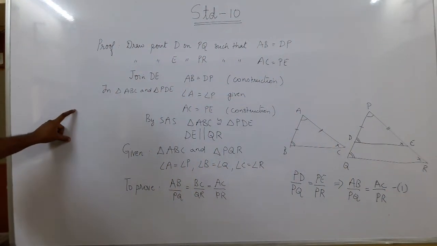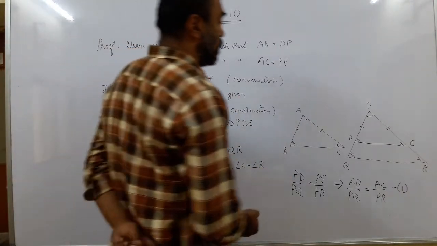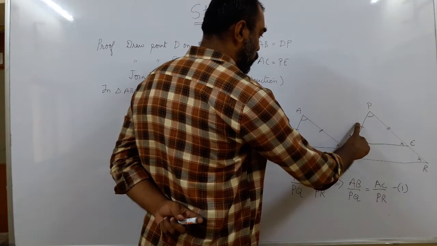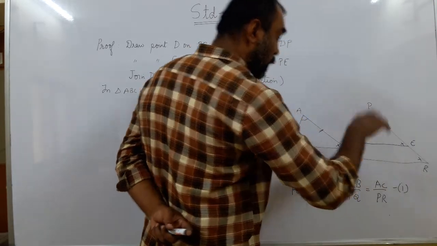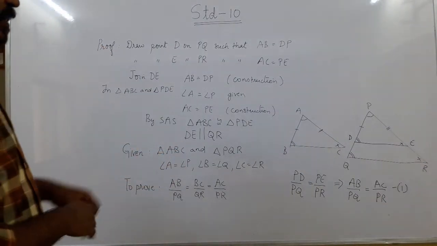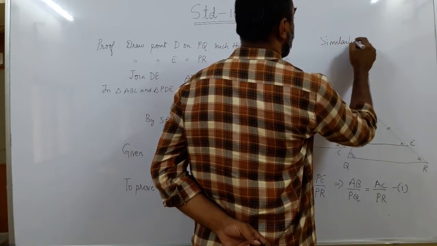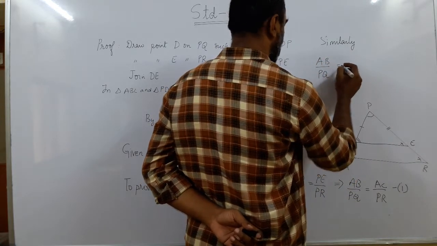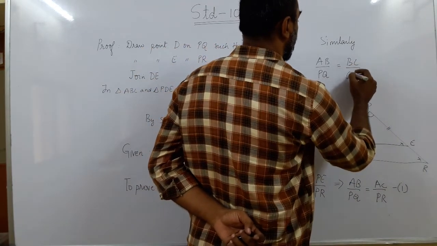Now you can prove similarly. So to prove similarly, what you need to do? Again you need to continue the sum, to draw AB equal to QF, and you put a point here. So you have to keep on doing it similarly. But you will get what now? We will not prove it again now, but we write similarly we will now get AB upon PQ equal to BC upon QR.